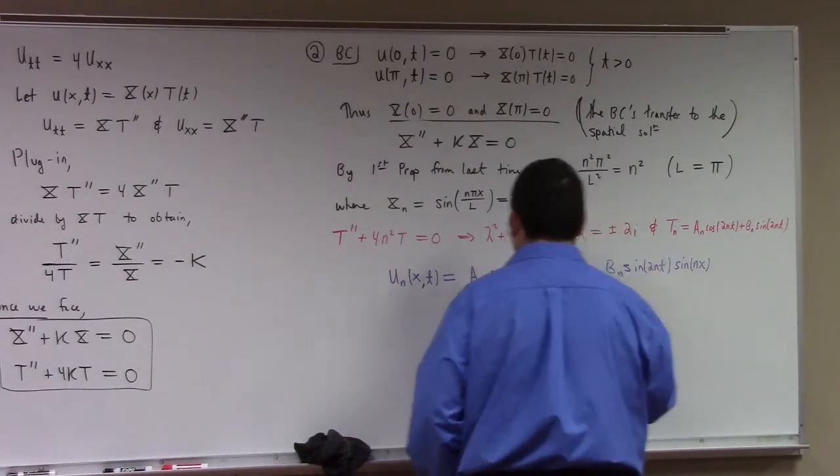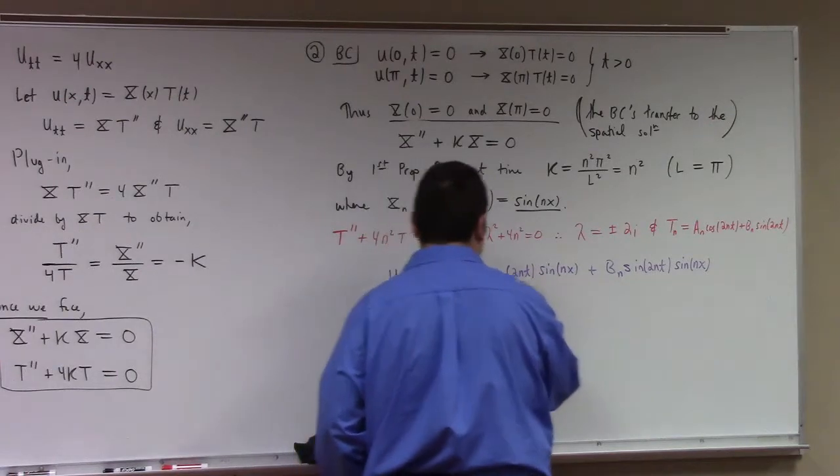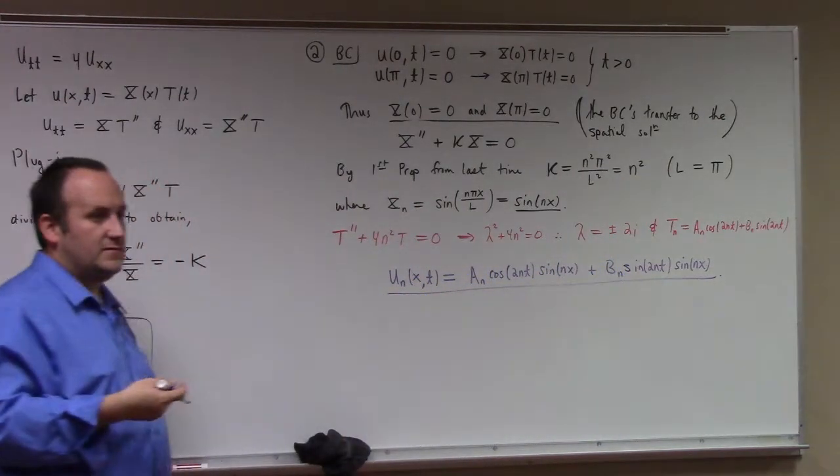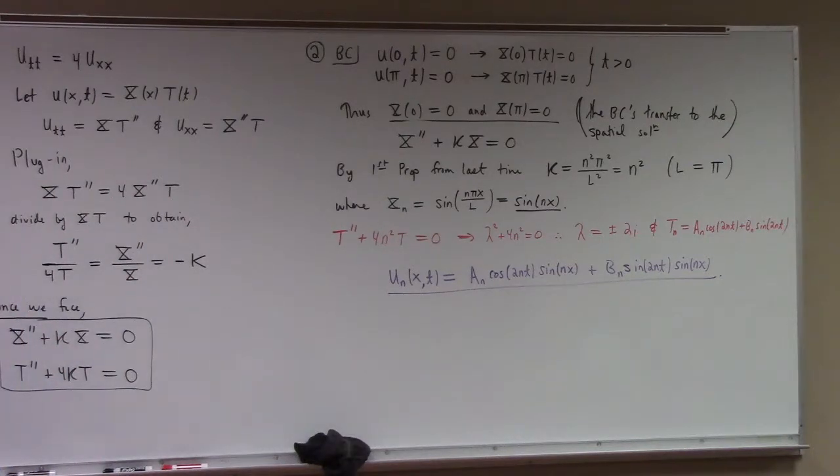What I did there, guys, is I multiplied my T and my X for the allowed k, which is equal to n squared. So this completes part 2. Part 3 is actually pretty simple.